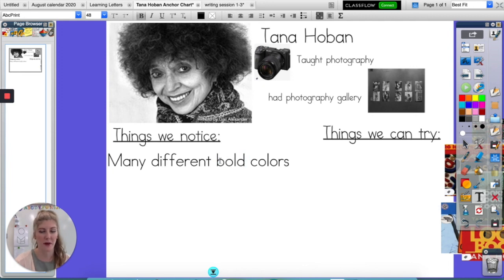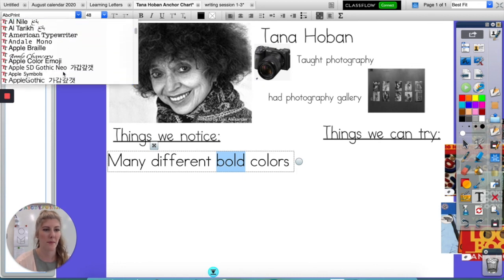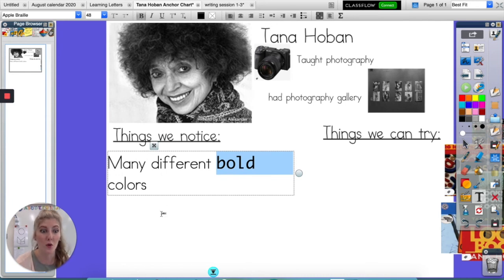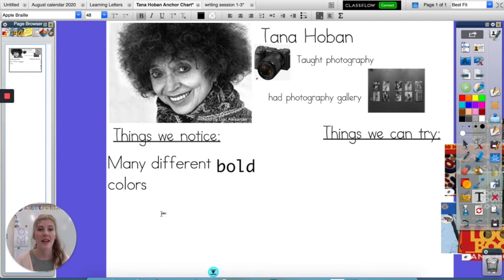Kind of worked with my font here. What if I switched up my font and made it bold? Okay, look here. It means that it stands out. So I want us today to work on a book that includes different bold colors.